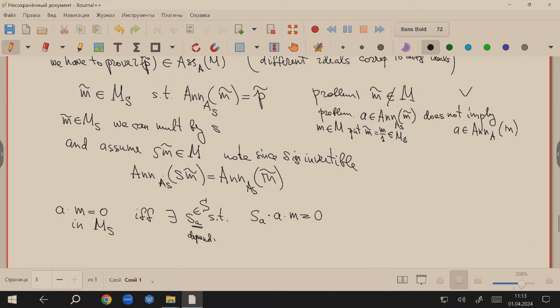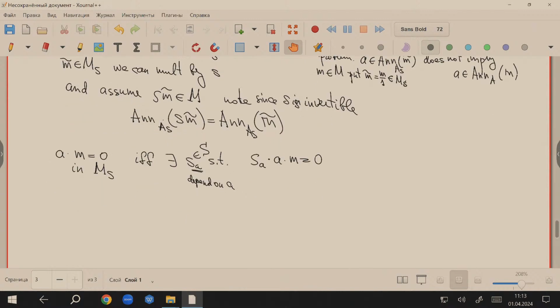Of course, in M tilde we can think about taking s_a times M, but s_a now depends on all elements, and in order to calculate the annihilator, you have to do it for all elements of the prime ideal.